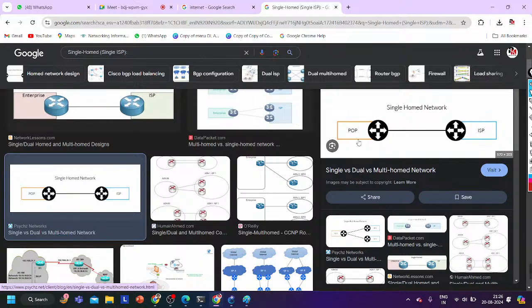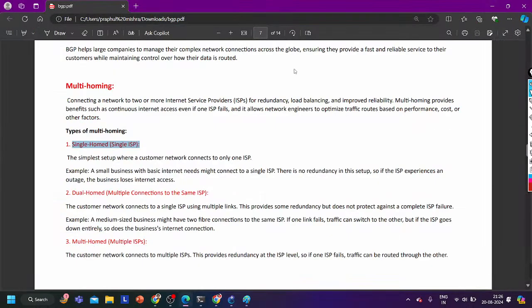Here we don't have redundancy. You can see the internal network and external network, between my internal network and ISP, right? So single home is the simplest setup where a customer network connects to only one ISP, one internet service provider. An example can be a small business with basic internet needs that might connect to a single ISP.